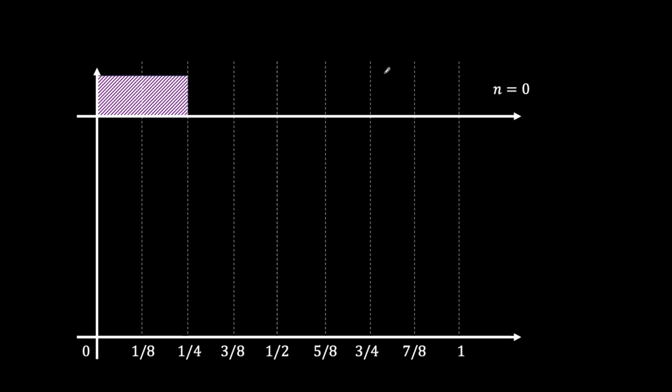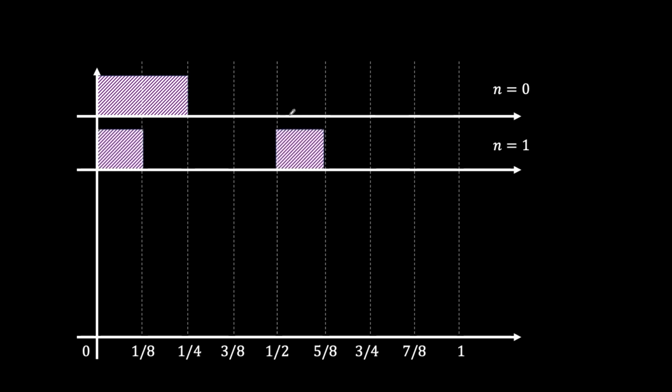In other regions, it was 0. When n was equal to 1, we saw that the lag existed at 2 points between x equals 0 and 1. That was at x equals 0, and then when x equals a quarter, and so we have these two rectangles.